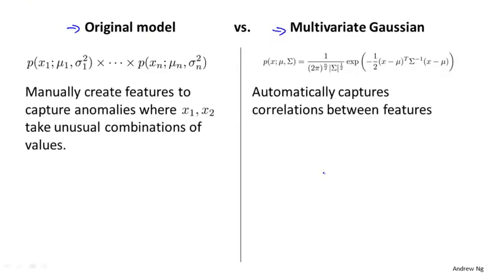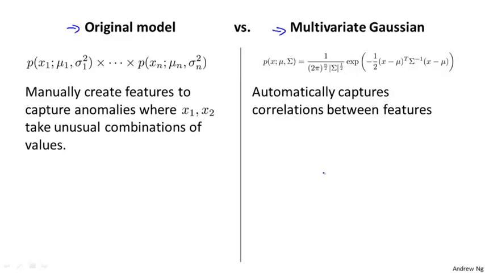So suppose you want to capture anomalies where features x1, x2 take on unusual combinations of values. So in the earlier example, the anomaly was with the CPU load and the memory use taking on unusual combinations of values.